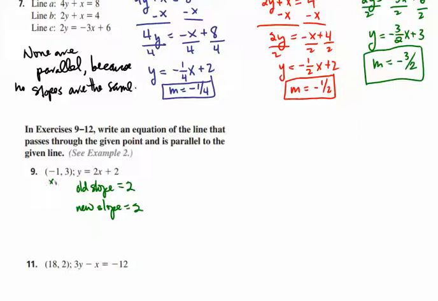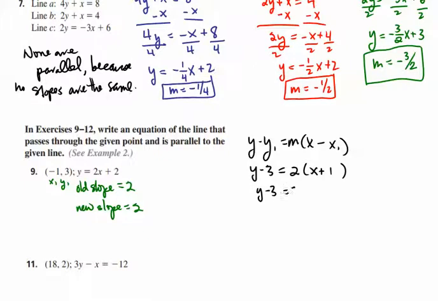And we have x1, y1 here, so we're going to use the point slope form. Y minus y1 equals m times x minus x1. Y minus y1, which is 3, y minus 3 is equal to 2, our new slope, x minus negative 1, so x plus 1.